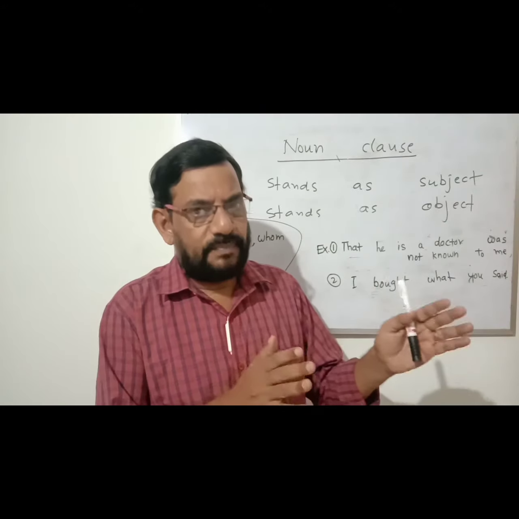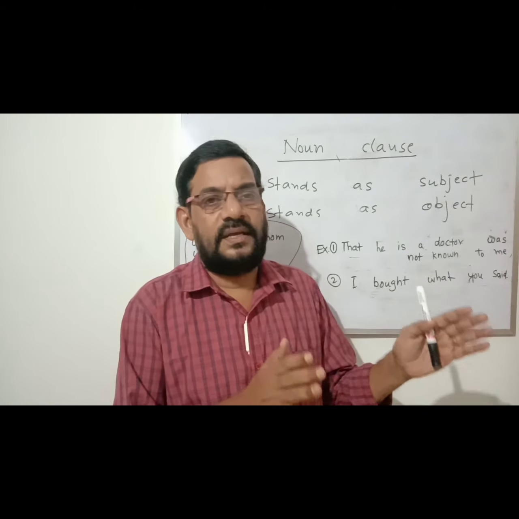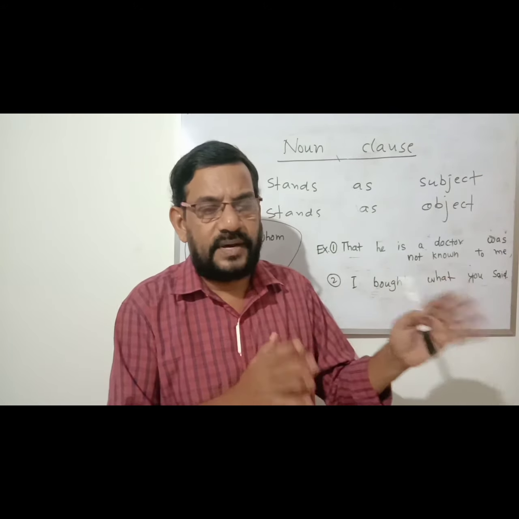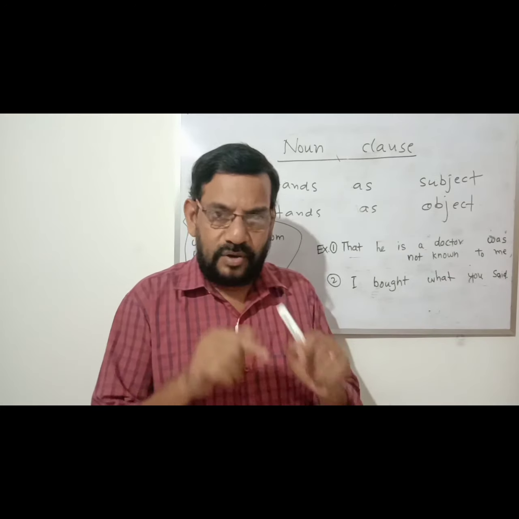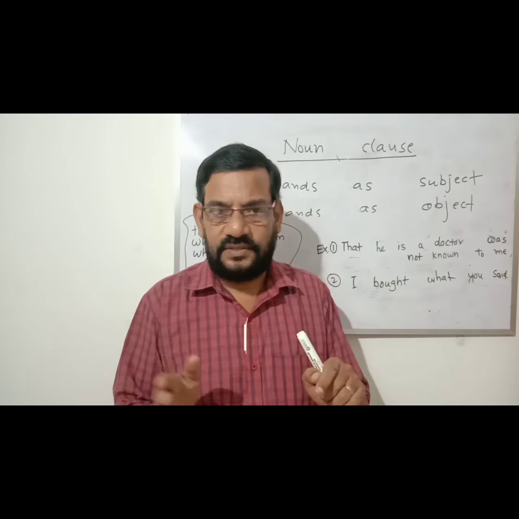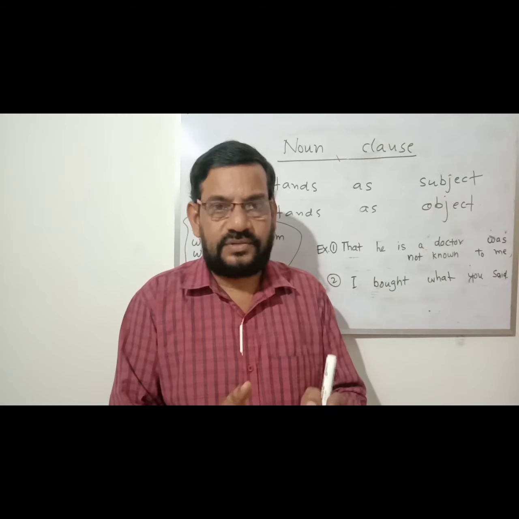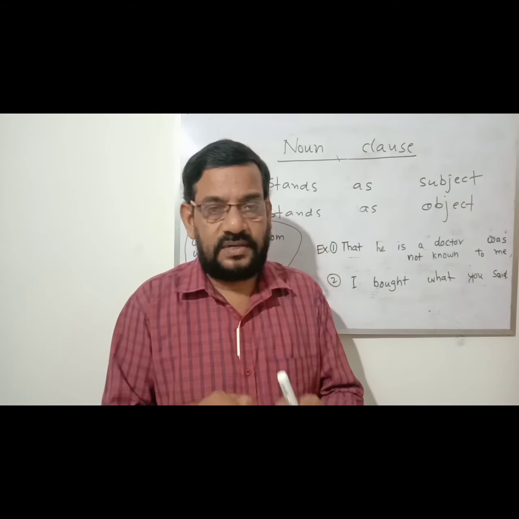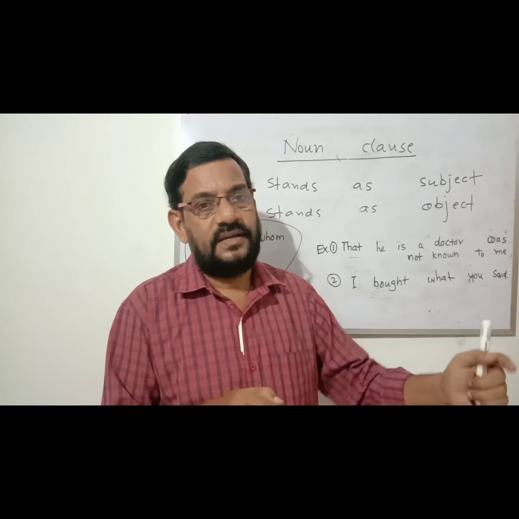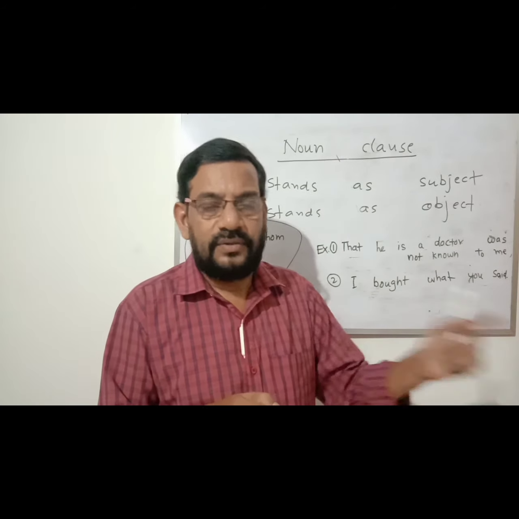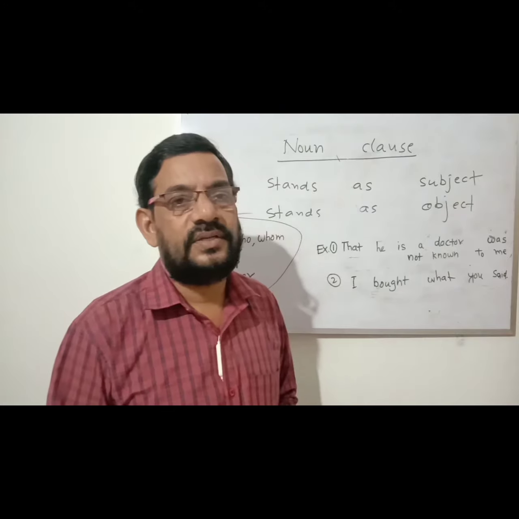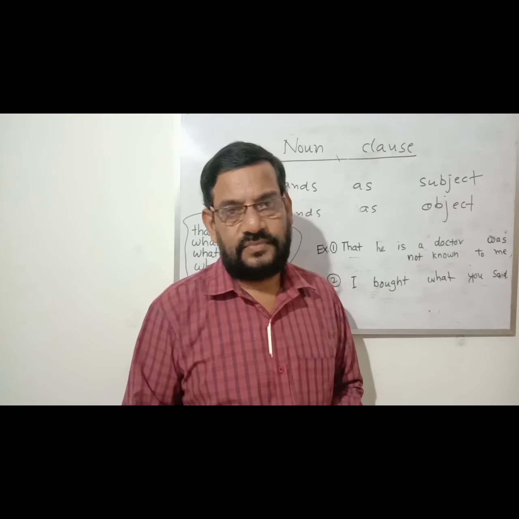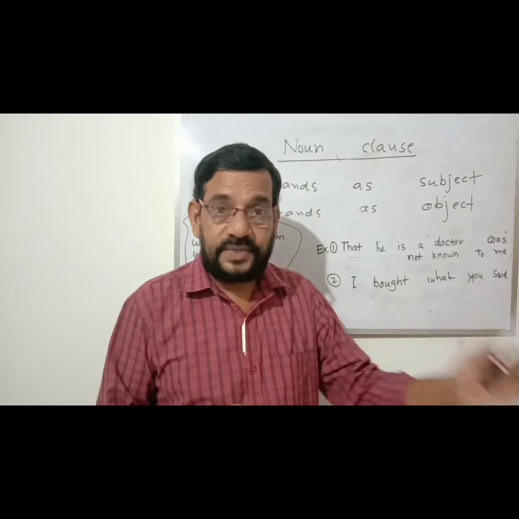In the predicate, what is the most important, essential part? Verb. I bought. I, subject, leave it. Bought a car. You ask what to the verb bought. I bought what? A car. When you examine, you know that car is a noun form. A car is the object in the sentence.